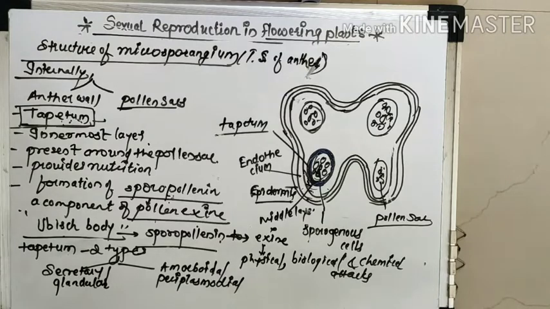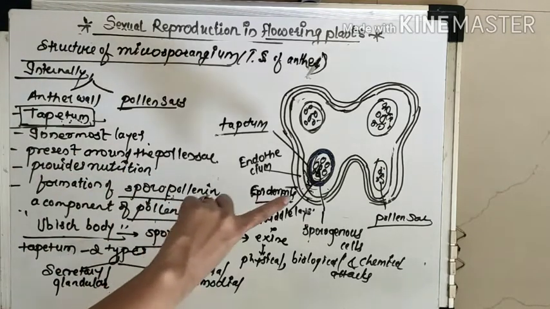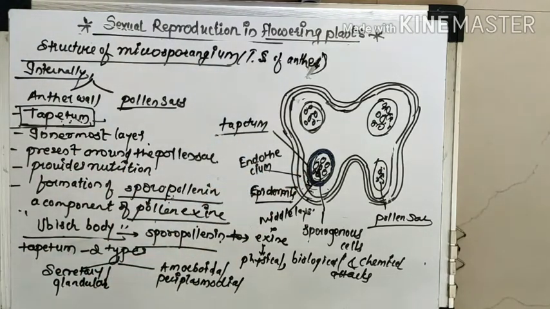Okay, so this innermost layer is called the septum. It has two types: secretory glandular, and amoeboidal, which is also known as periplasmodial septum.